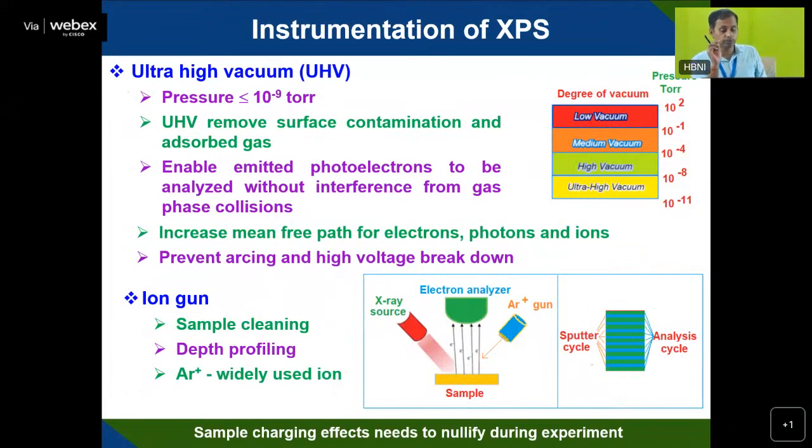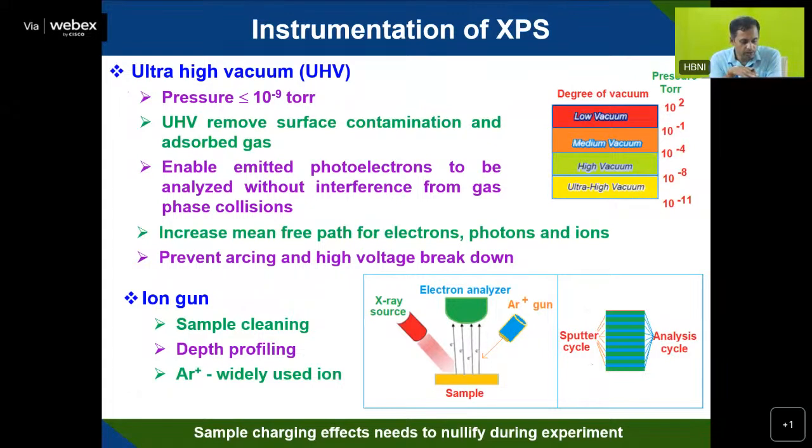If you see the instrumentation part of XPS, XPS needs ultra high vacuum, where the vacuum has to be in the order of 10 to the minus 8 to minus 9 torr, or better than 10 to the minus 10 torr. The ultra high vacuum removes surface contamination and absorbed gas. So it will remove any absorbed gas in the material, as well as surface contamination, which will be completely removed by the high vacuum.